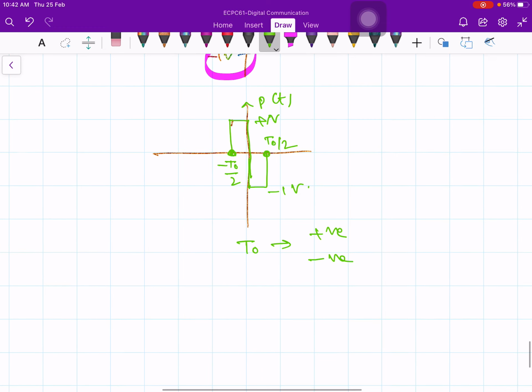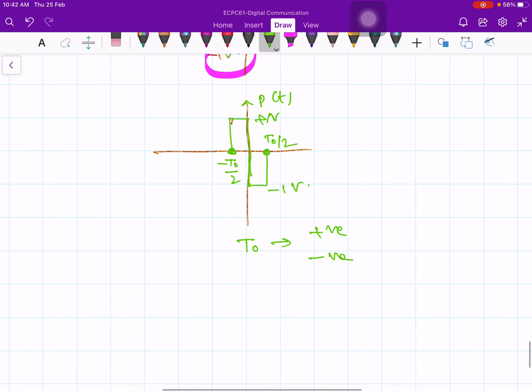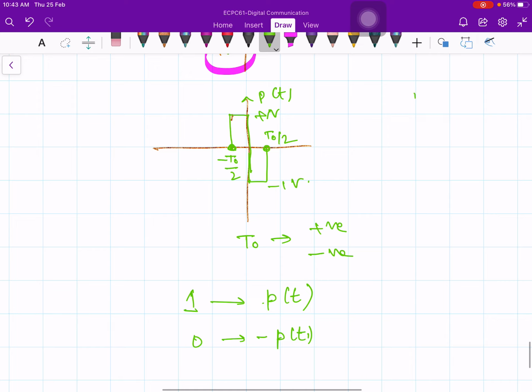Okay, and the mapping that the Manchester coding does is 1 represented by P of t, and in the previous case 0 was represented by transmitting no pulse, but here 0 is represented by minus P of t. So how do you draw the minus P of t? The minus P of t will be like this.